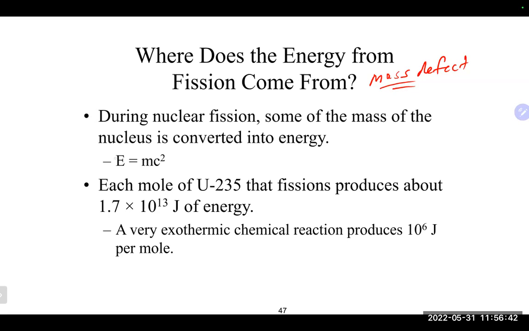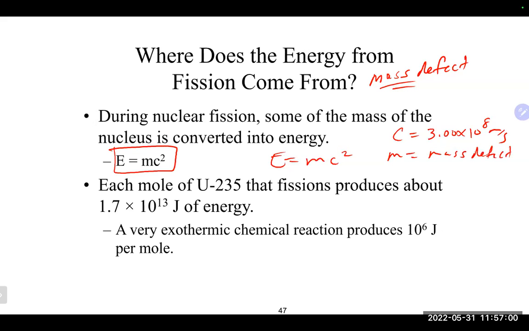You can calculate the energy associated with that by using Einstein's equation, E equals mc squared, c being the speed of light, which is 3 times 10 to the 8 meters per second. M here is the mass defect in this application, and sometimes the mass defect is given the little delta symbol as well.